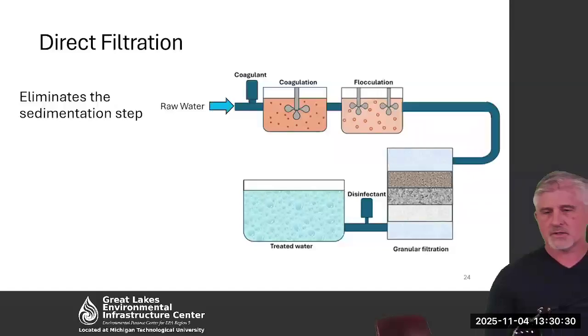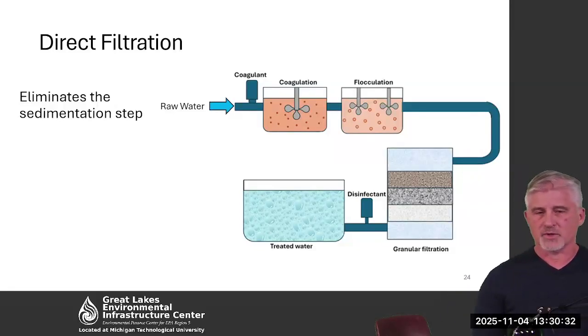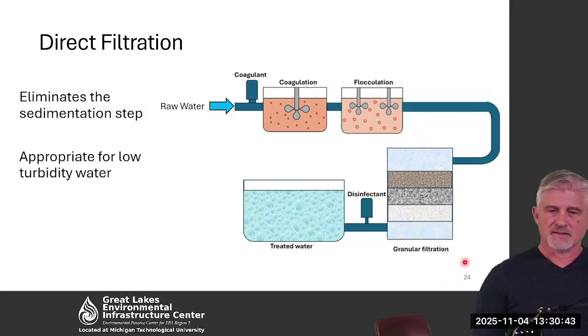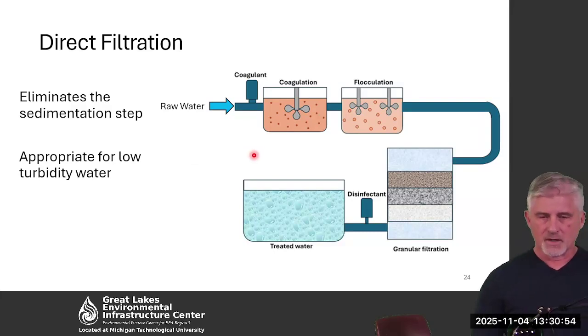Direct filtration is pretty much the same thing, but you'll note that there's a part missing. We put our raw water in, add a coagulant, go through coagulation and flocculation, but we're missing the step for sedimentation. In the case of direct filtration, we're usually looking at really low turbidity water, a little higher quality, so it requires a little less treatment.